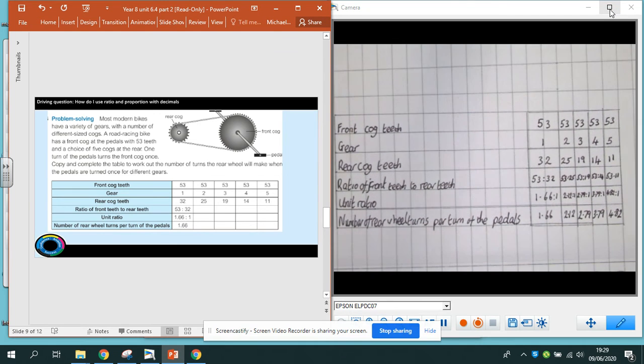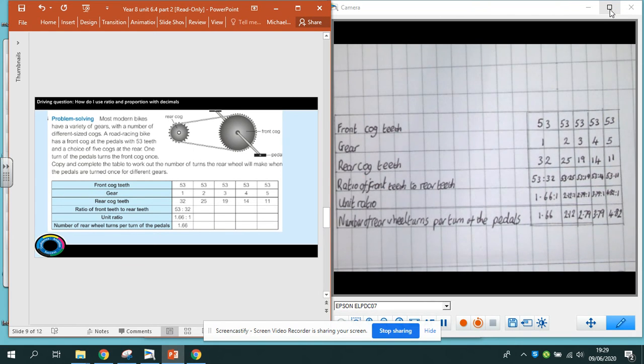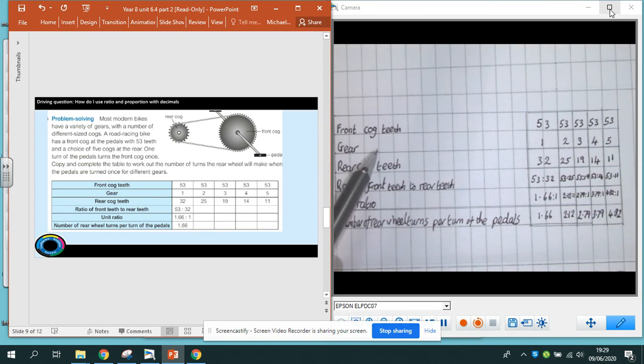Okay, sorry about that. I hope no one got dizzy whilst I was doing that. I'll just turn my table around so we can all see it. So it's exactly the same as the one that we started with. Obviously the front cog teeth are going to stay the same in all cases, 53 in all cases.